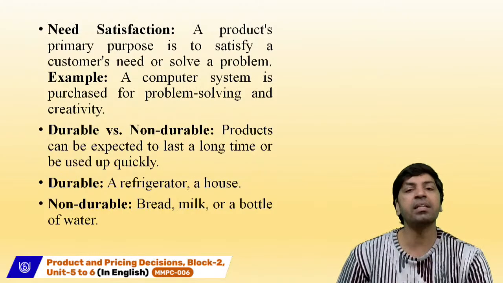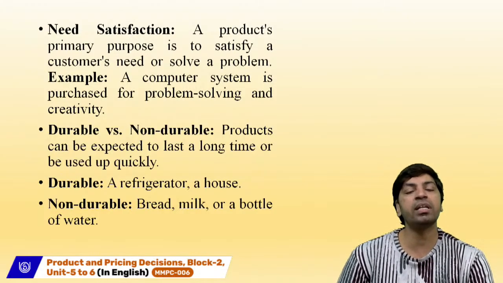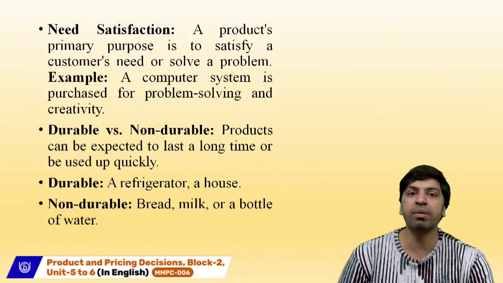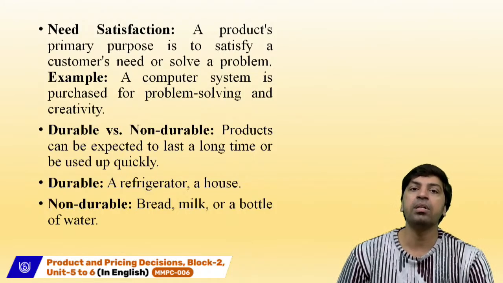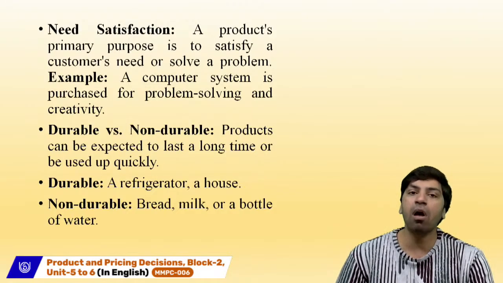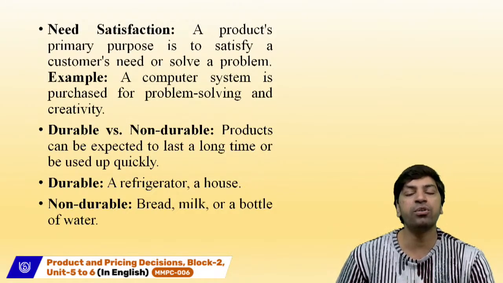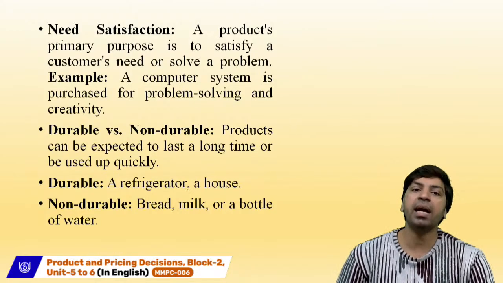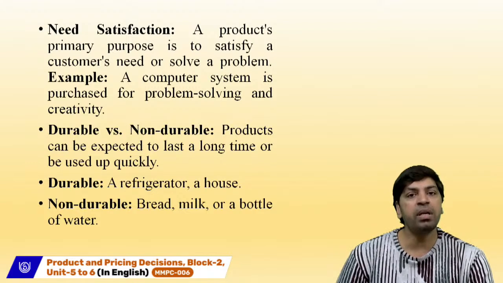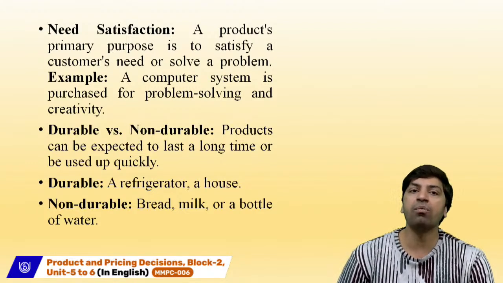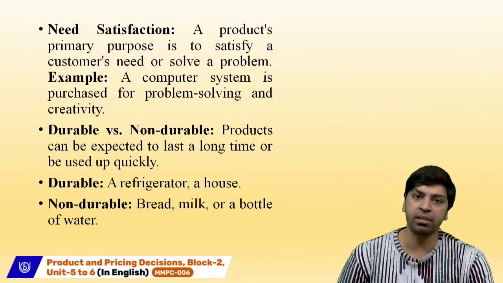The next category, the nature of the product, is durable and non-durable. Products that can be expected to last for a long time are termed durable. For example, a refrigerator or a house is a durable product.